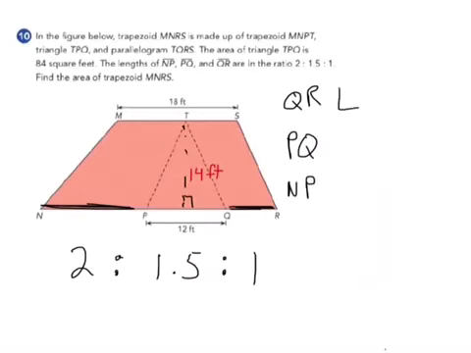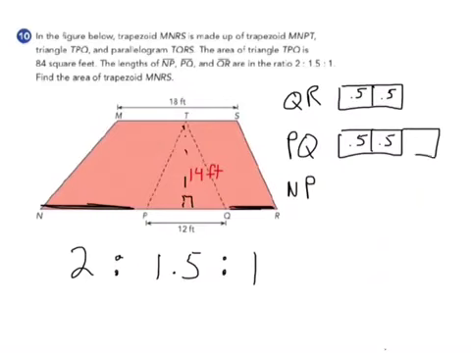QR is 1, but I'm going to split that into a half and a half. That's QR. PQ is 1.5, so that's a half, plus another half. And NP is 2, so that would be 4 halves.